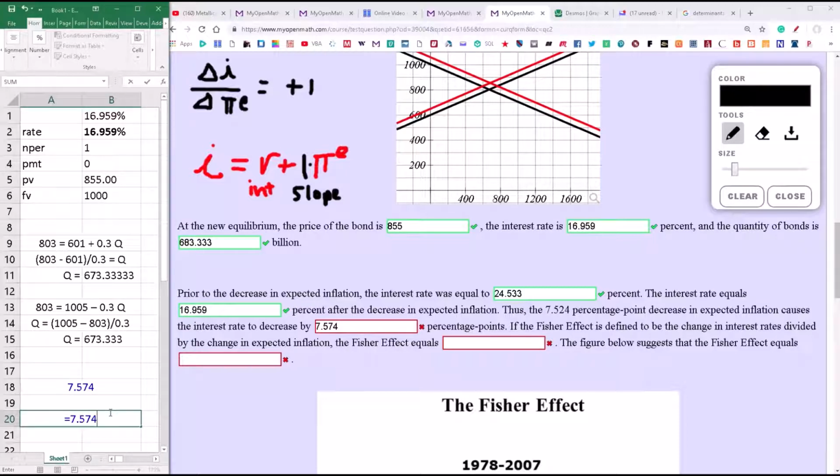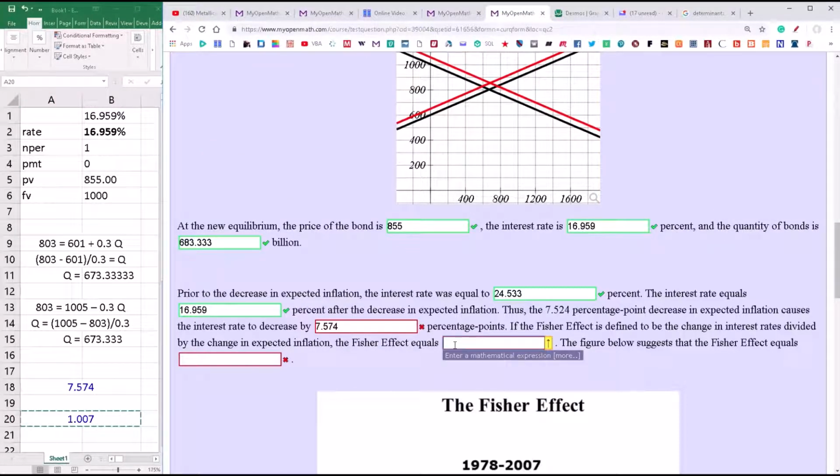We're going to divide that by the change in the expected inflation rate, 7.524. Hit enter and we get something that's really close to 1. Let me go ahead and close this so I can enter the answer.